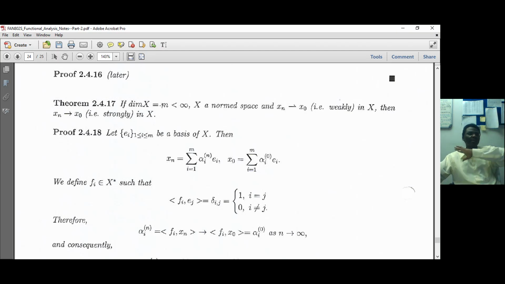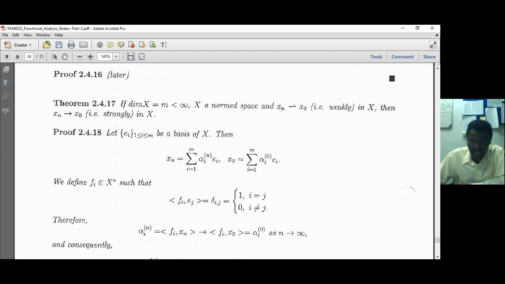And in general, in functional analysis, the spaces we are dealing with are infinite dimensional spaces. Now, if X is a finite dimensional space, then the concepts of weak and strong convergence are the same. So, finite dimensional normed space.